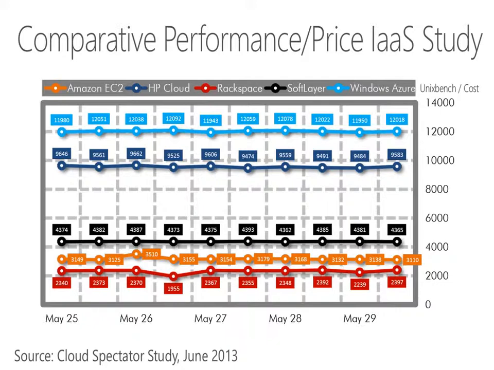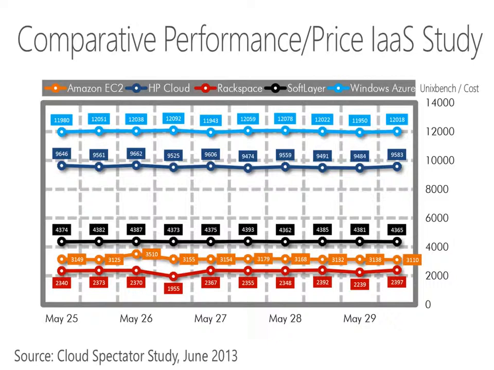They ran the same general workloads across all of these cloud providers and used an industry standard Unix benchmarking tool to test and drive the performance of each of those workloads across each of those clouds.